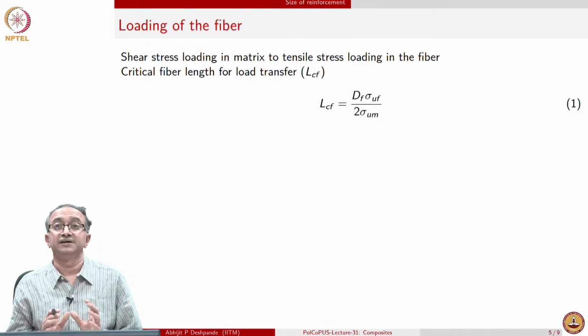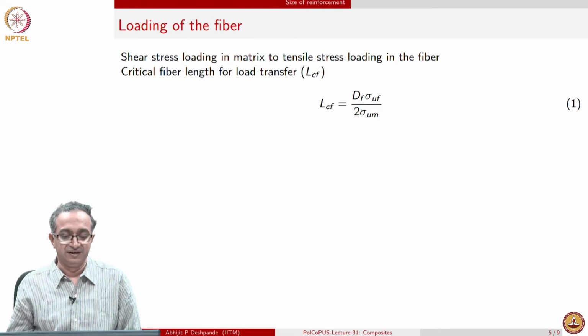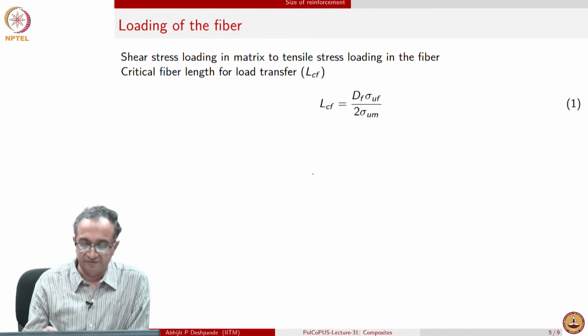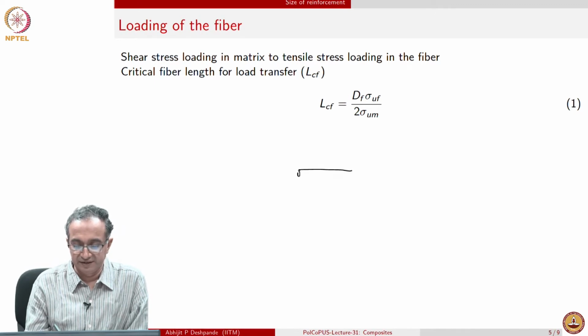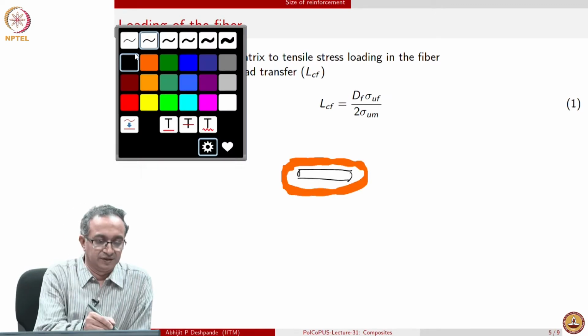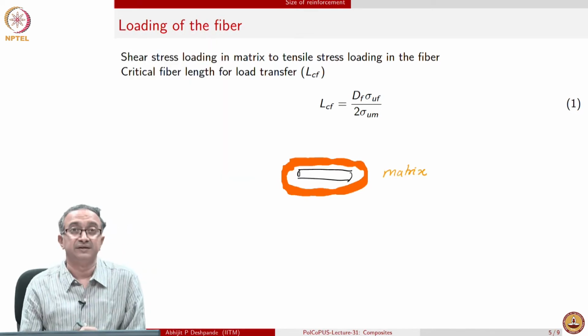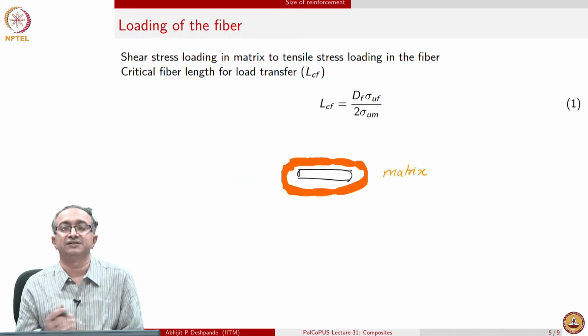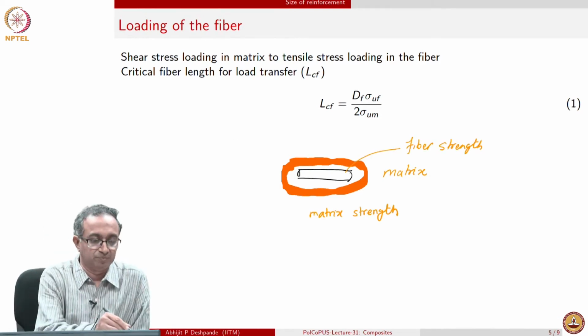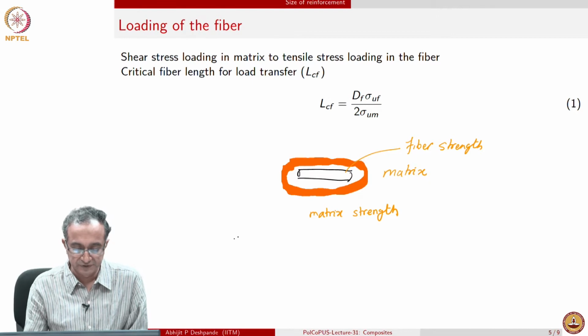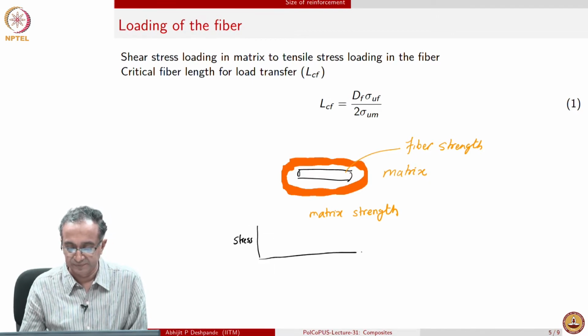Now, the key thing is how reinforcing action comes about, and it is because the fiber takes the load, as we have discussed. So, for example, let us say we have a fiber which is embedded in a matrix material, and the question is, how does load transfer happen between these two? So, let us say I will plot stress as a function of distance.